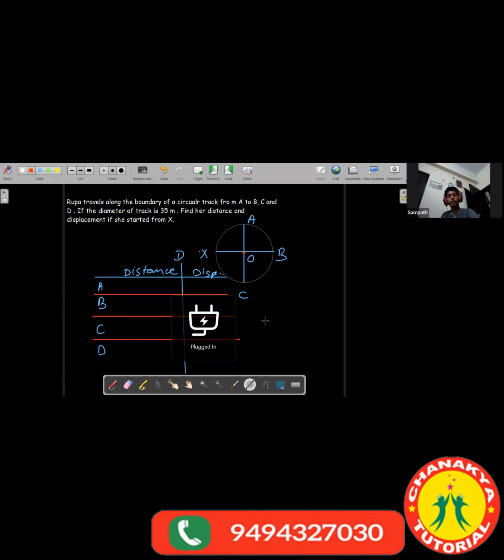Sir, we have to calculate if she is at B, then the total distance that she covered from X to A, then to B. For everything, when she starts from X, okay? So starting from X, when she is at A, what is her distance and displacement? When she is at B? Then when she is at C, what is her distance and displacement?